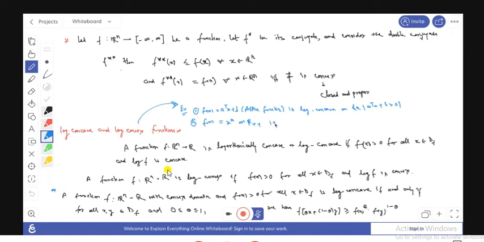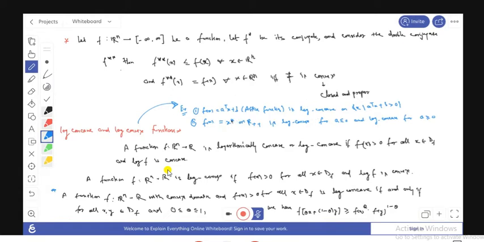This type of polynomial function is log convex subject to the condition that a is less than or equal to 0, and this function is log concave when a is greater than or equal to 0. And because at x equal to 0 it is 1, it will be a constant function. A constant function is both log convex and concave, so the equality sign is there on both sides at 0. So if a is greater than 0, this is log concave.